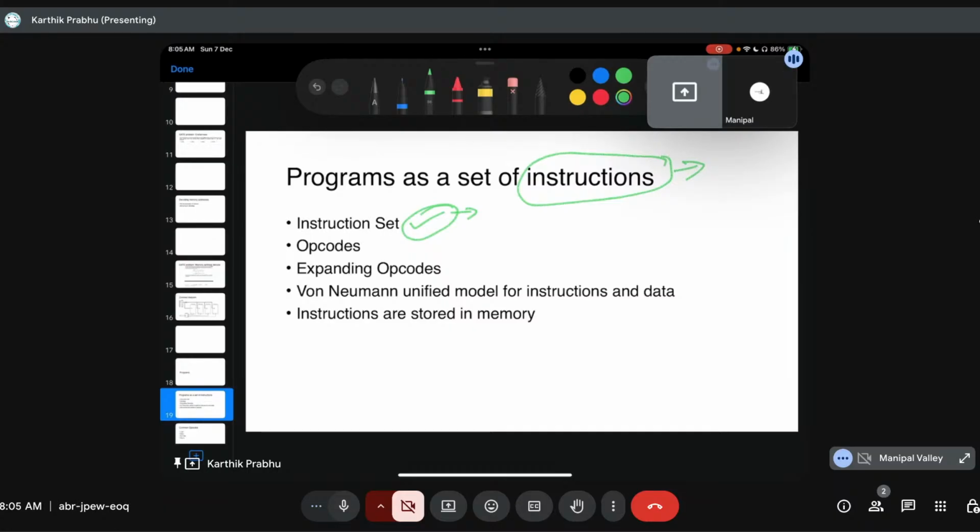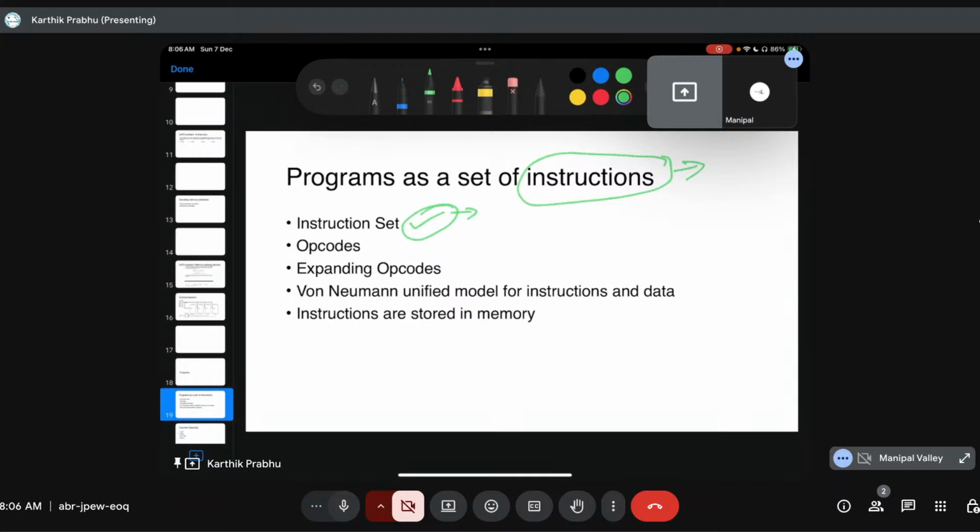But every CPU will expose a certain number of instructions to the system, which you can use to code. That is the instruction set. ARM, for example, has its own instruction set, which is the reduced instruction set. In fact, ARM's full form itself is Advanced RISC Machines, where RISC is Reduced Instruction Set Computer.